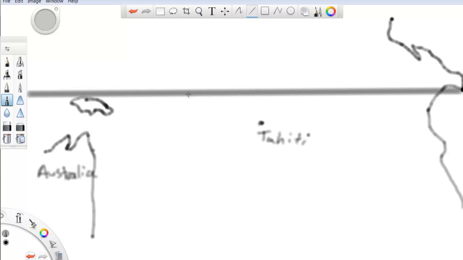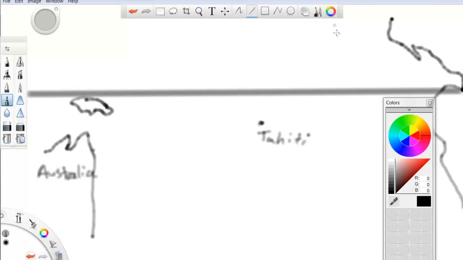So typically what we would see are cool ocean currents driven by trade winds flowing in this direction.